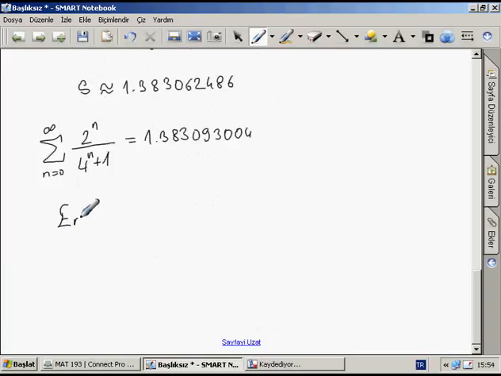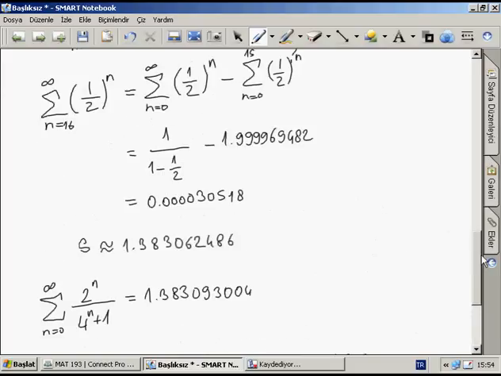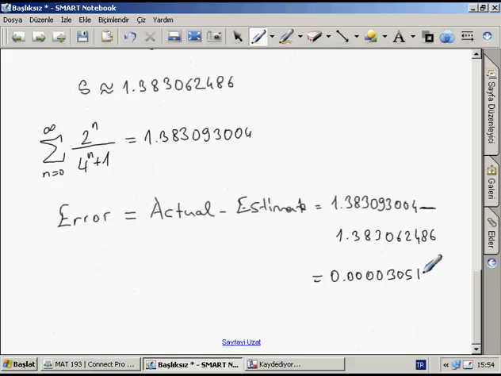After that we can write the error equals actual value minus estimate, so that is 1.383093004 minus 1.383062486, so the error will be 0.00003051. This is the error for this value.